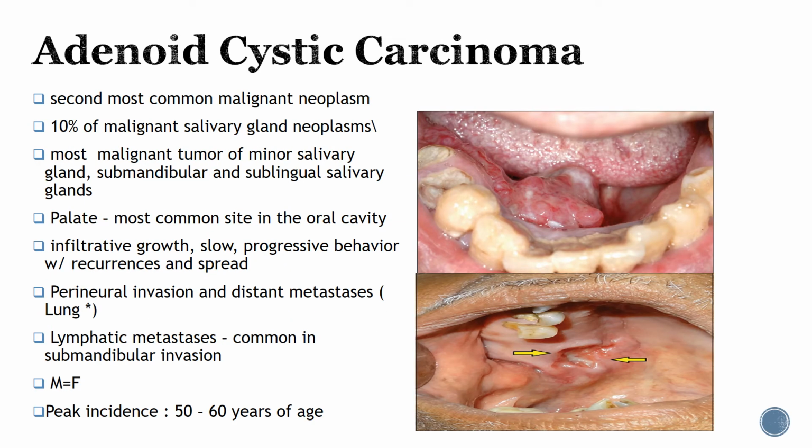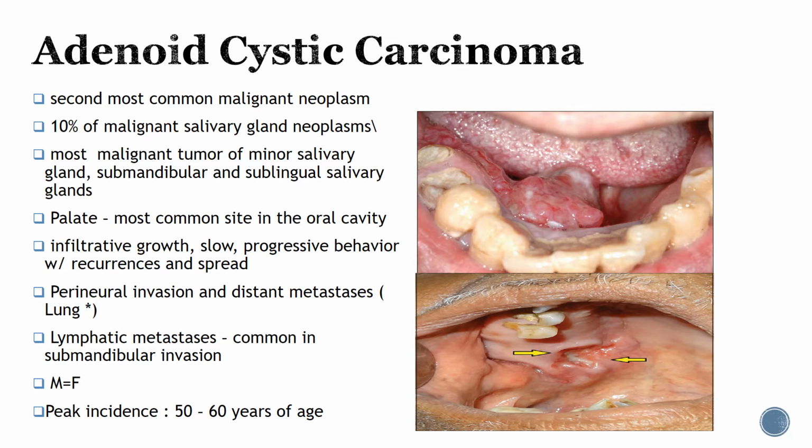Adenoid cystic carcinoma is the second most common malignant neoplasm, about 10% of malignant salivary gland tumors. It is the most common malignant tumor of the minor salivary glands, submandibular, and sublingual salivary glands. The palate is the most common site in the oral cavity, and it is notorious for its infiltrative growth and slow progressive behavior, with recurrences and spread over a protracted course of years.